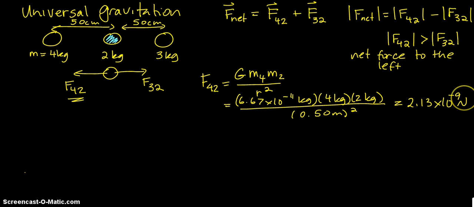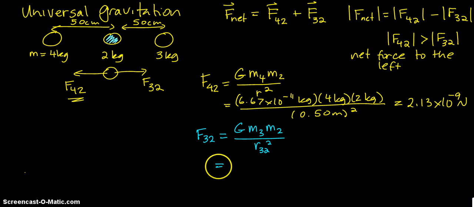And then we do a similar calculation, only this time for the force of the 3 on the 2. So that's going to be G times the mass of the 3 kilogram times the mass of the 2 kilogram divided by the distance between the 3 and the 2 squared. So plugging in the numbers, that's 6.67 times 10 to the negative 11th newton meters squared per kilogram squared. I notice I wrote something wrong up here.